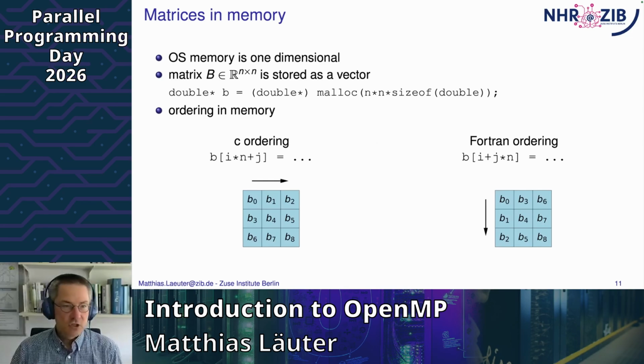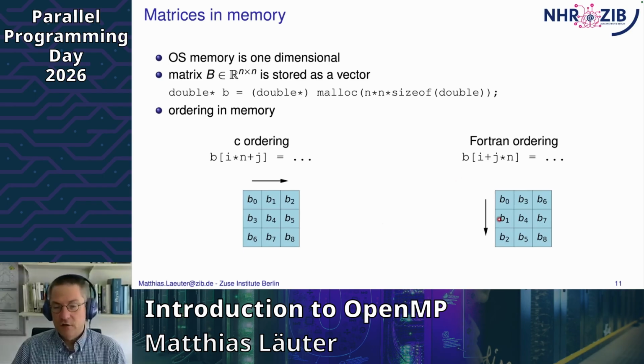There are some different conventions. The C convention is that the matrices you think of follow contiguous line by line. So in the C ordering, if y goes one step after the other, then you follow the lines. This is a matrix entry B i j, and then you go line by line.